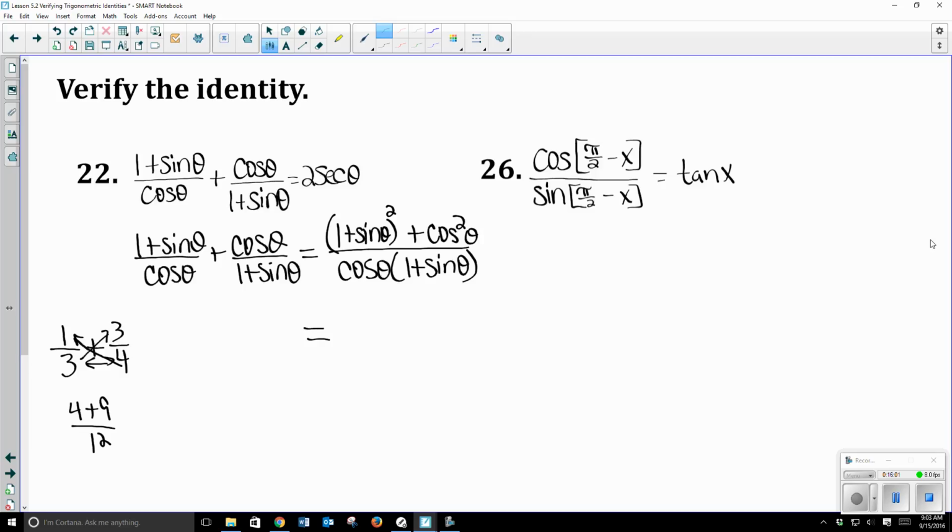Okay, if I square 1 plus sine theta, that's 1 squared plus 2 sine theta plus sine squared theta, plus cosine squared theta, all over cosine theta times 1 plus sine theta.